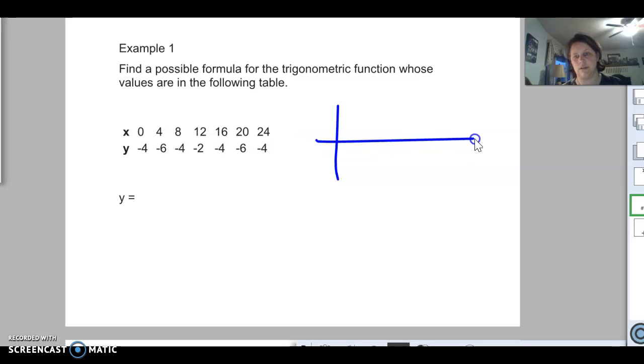Looks like we're going out to 24 on our x-axis. The lowest we're going to go is -6. We'll say it's down here. -4, -2. Okay, so we're going to start off 0 at -4.